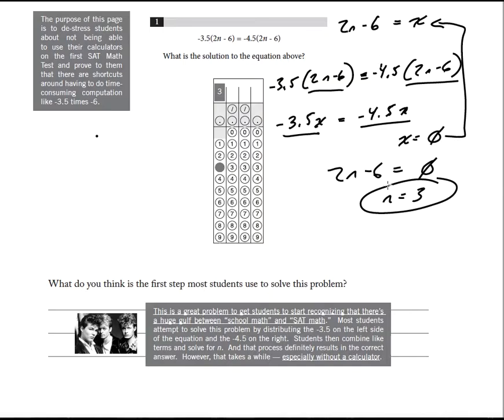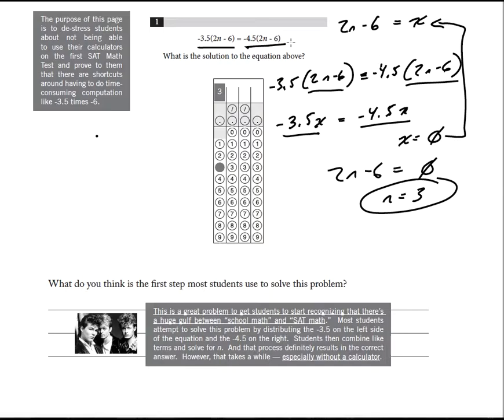Now, I want you to think to yourselves, if I didn't do it that way, how do you think most students would actually approach this problem? What do you think most students would do when they were faced with negative 3.5 times 2n minus 6 equals negative 4.5 times 2n minus 6? How do you think most students would go about solving that, based on the way they've been taught at school, algebraically? You're right, they would distribute the negative 3.5 on the left and the negative 4.5 on the right.